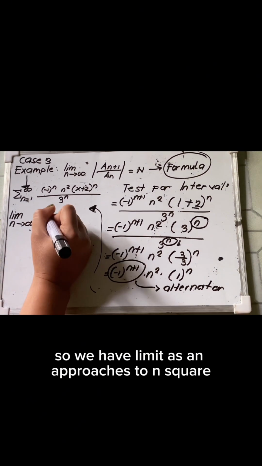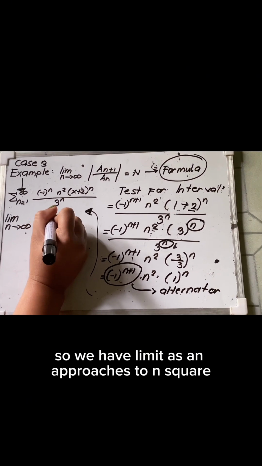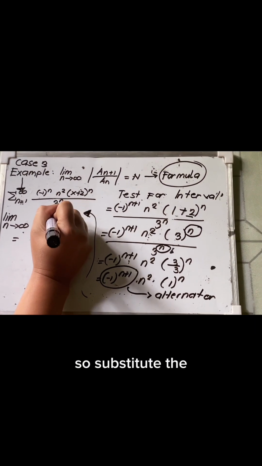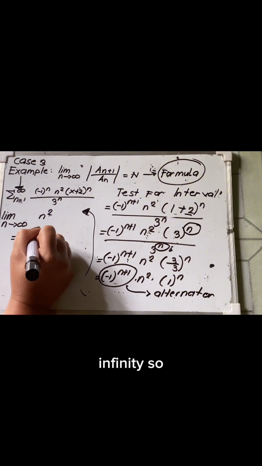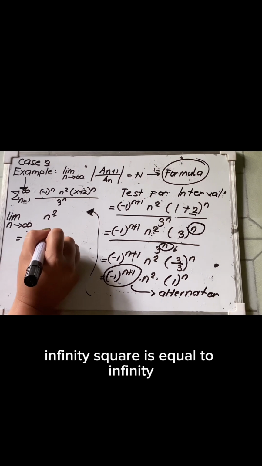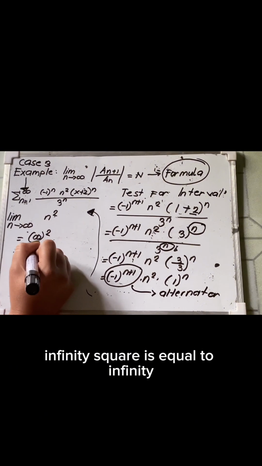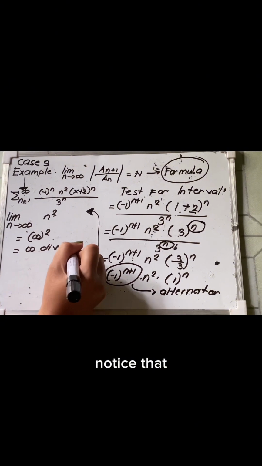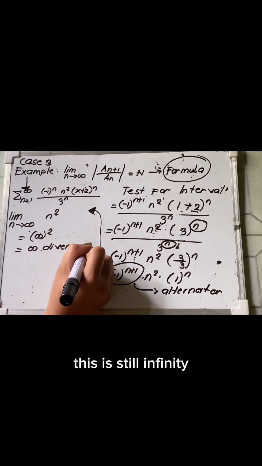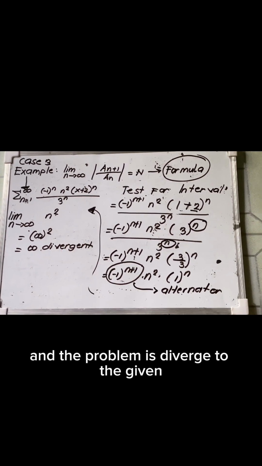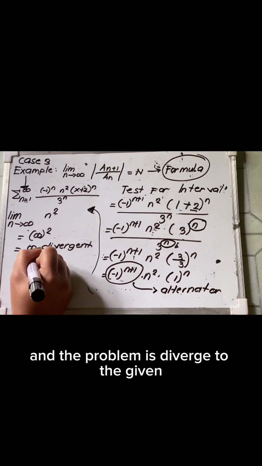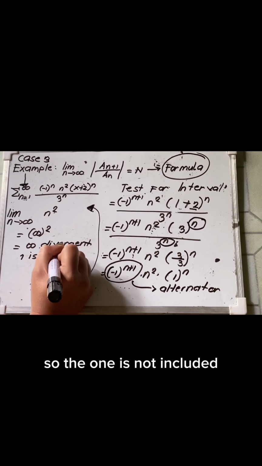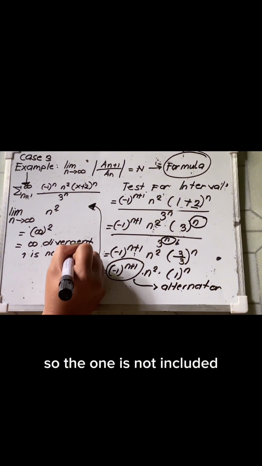So we have the limit as n approaches infinity of n squared. Substituting infinity, infinity squared is equal to infinity. Notice that this is still infinity and the series diverges for the given x value. So the 1 is not included.